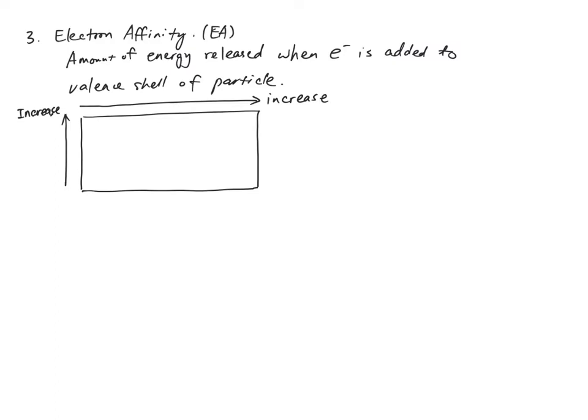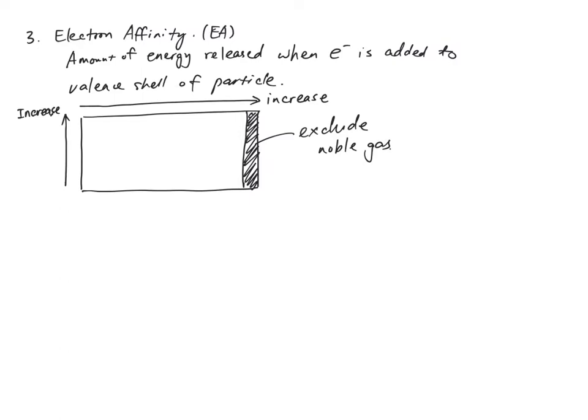Now, how do we explain this? Although the trend is the same as ionization energy, I want to clear something up. For electron affinity, we are going to exclude noble gases.